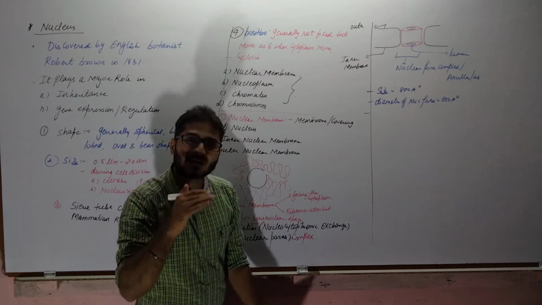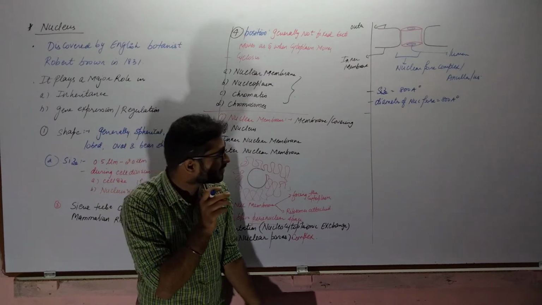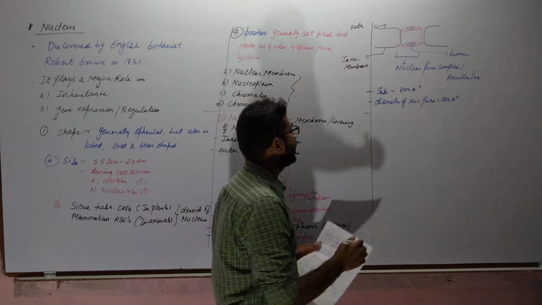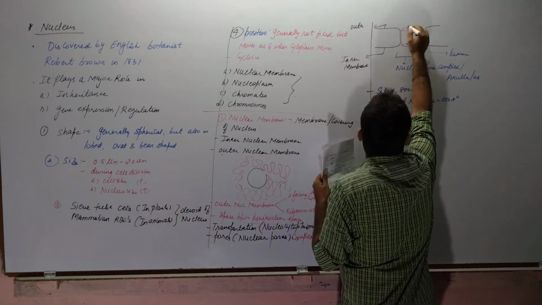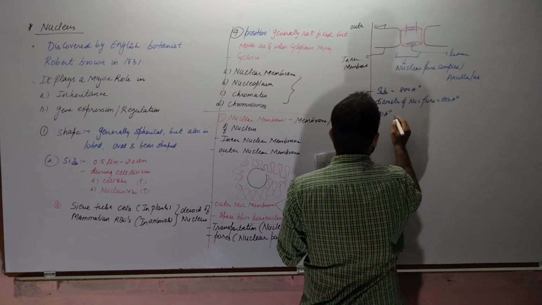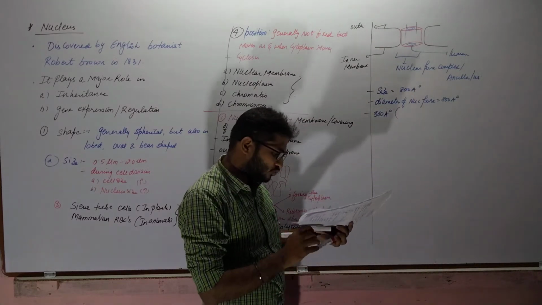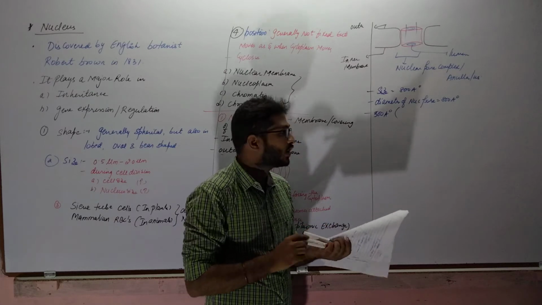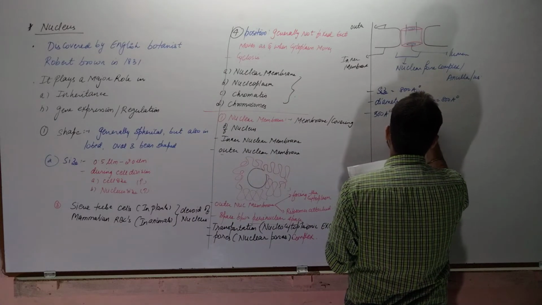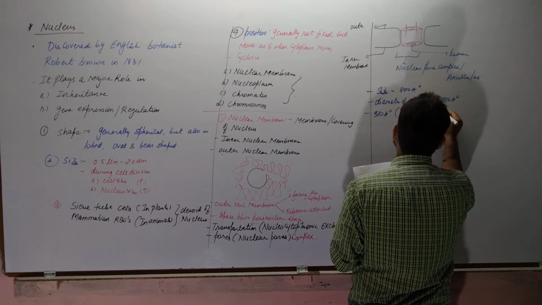That means the entire 800 angstrom area is not available for transportation. Only this much part is available, and that accounts for 500 angstrom. So 500 angstrom is the active space for transportation.